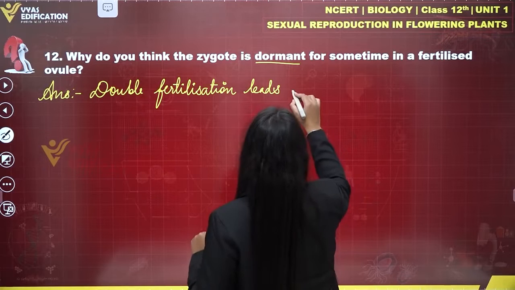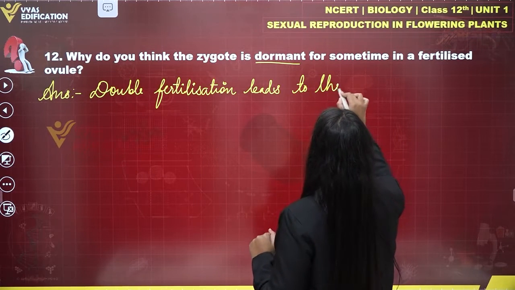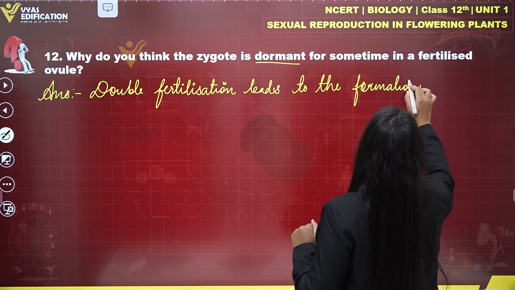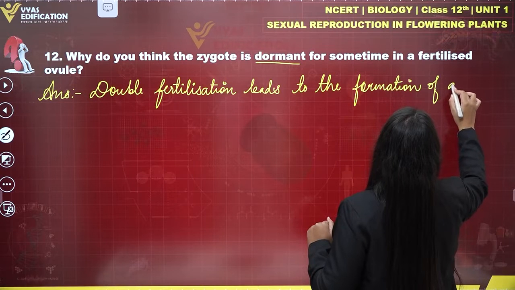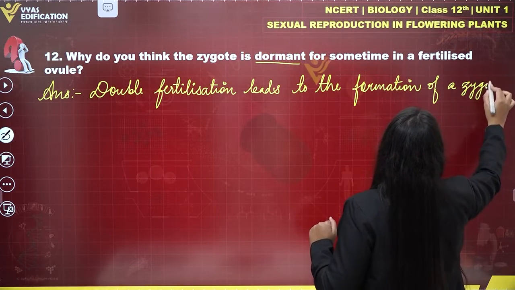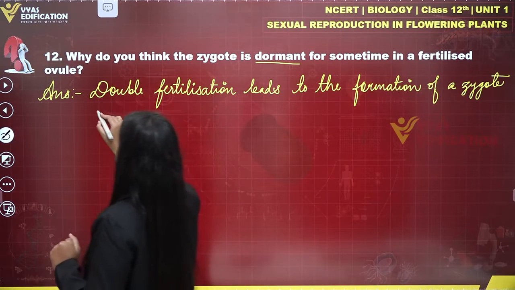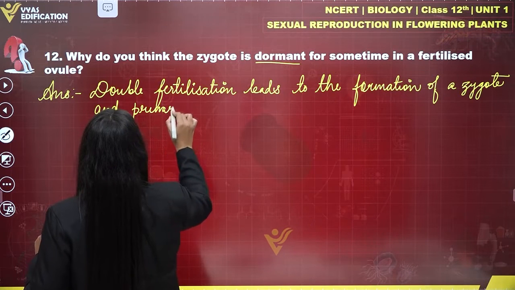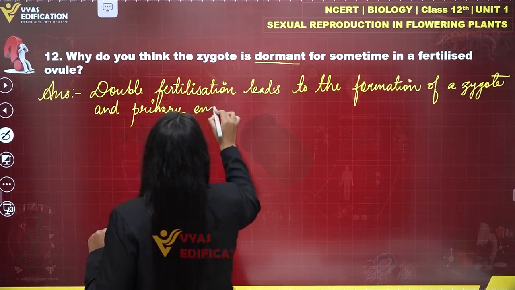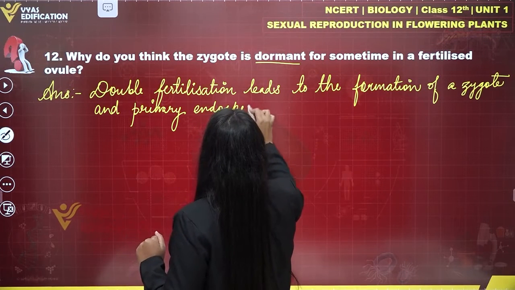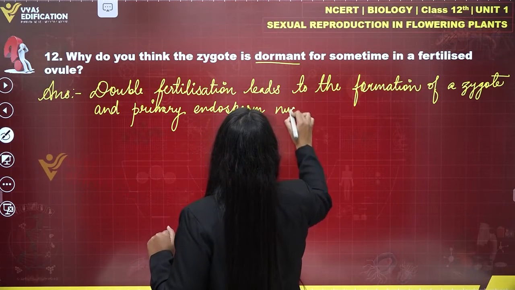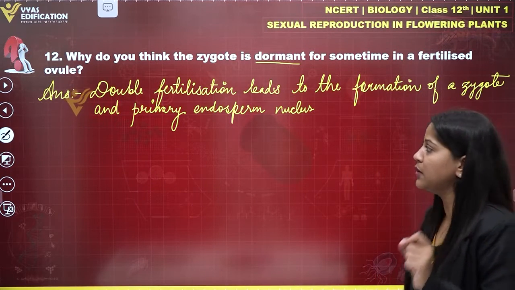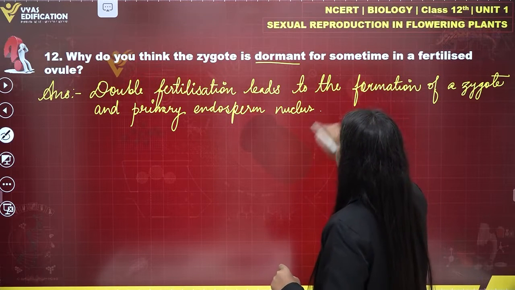So double fertilization leads to the formation of a zygote and primary endosperm nucleus.